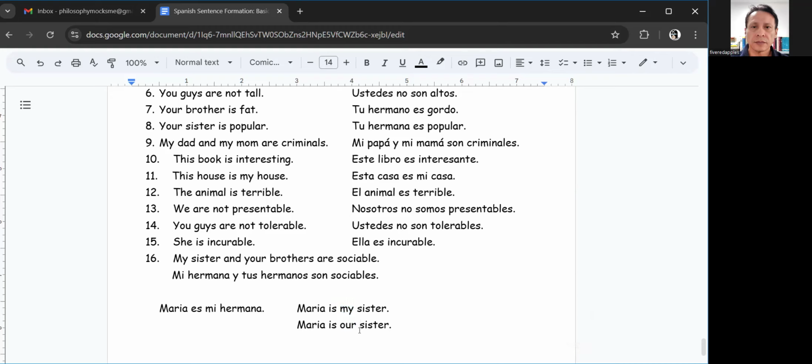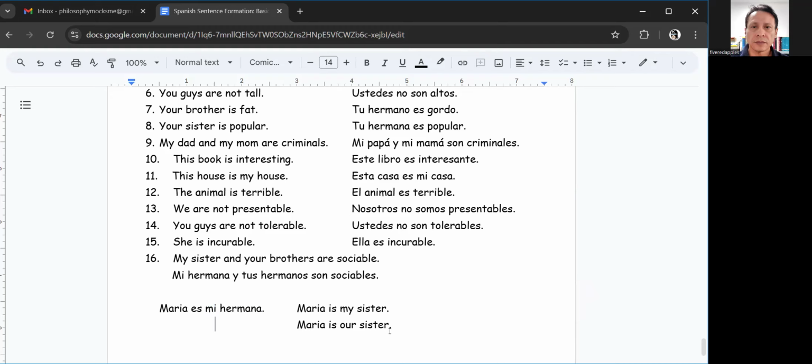But in Spanish, it doesn't work that way. In Spanish, this word, like this "mi", is dependent on the following word because it's modifying "hermana". And so you have to ask, well, is "hermana" singular? Yes. So that's why it's "mi".